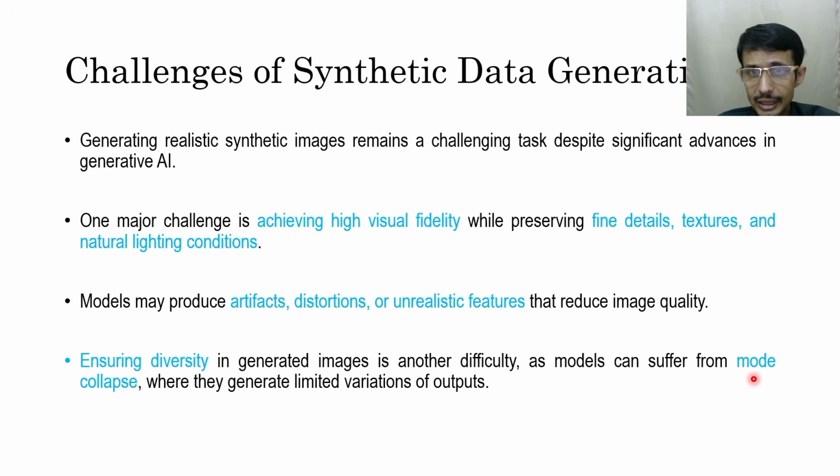The models we are going to use here, like generative adversarial networks, transformers, diffusion models, variational autoencoders, and such, should not produce artifacts, distortion, or unrealistic features that reduce the image quality. That is another important challenge.